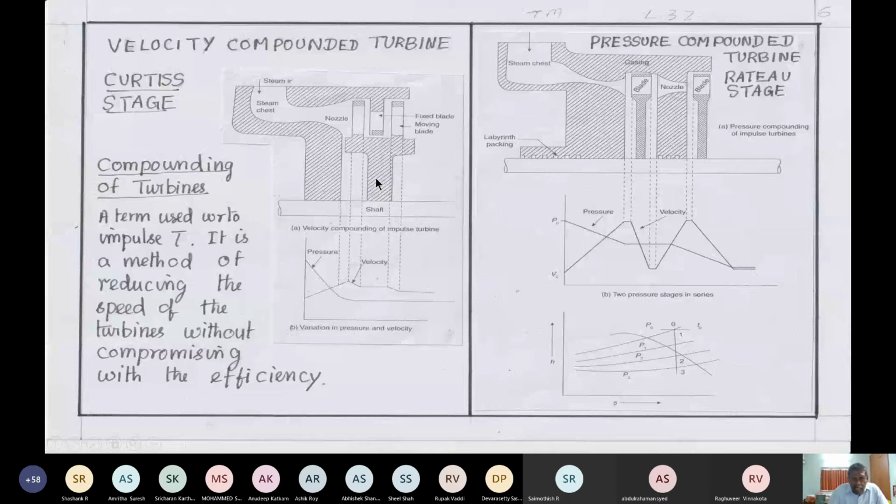What will happen to the energy with the steam? Please think and tell me. See, 100 units of energy is coming through the nozzle. If the blades rotate at 20,000 RPM, they will take all the 100 units of energy. Now the load is not moving that fast, so the rotor blade is moving at half the speed only. So what will happen to the energy that is coming out?